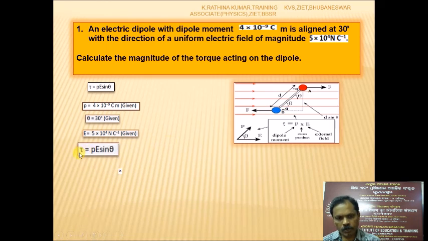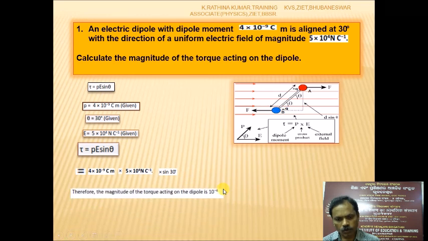The next, the equation is tau is equal to PE sin theta. Then substitute the values. P is equal to dipole moment 4 into 10 power minus 9 coulomb meter, and electric field is equal to 5 into 10 power 4 Newton per coulomb. Then sine of the angle given, 30. Sine 30 is 1 by 2.